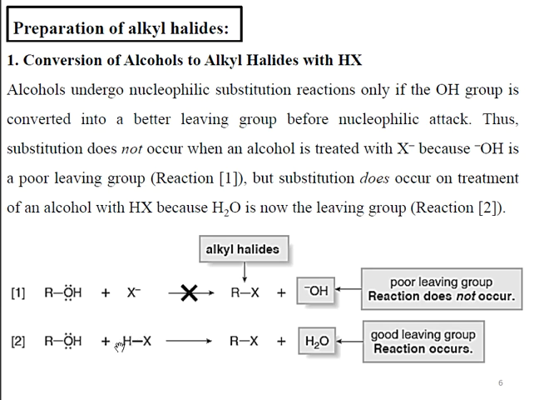But the substitution does occur on the alcohol with HX. If you have acid, the substitution will work, and the OH group will be converted to an H2O group, which is a good leaving group, and it will give you the alkyl halide.